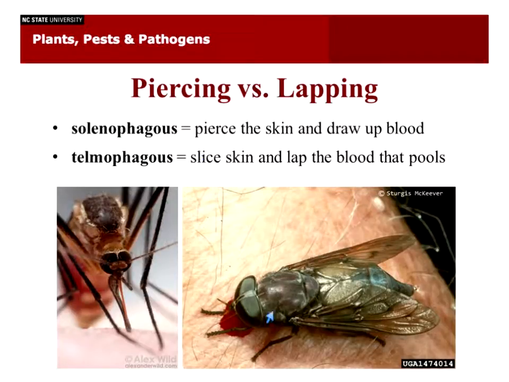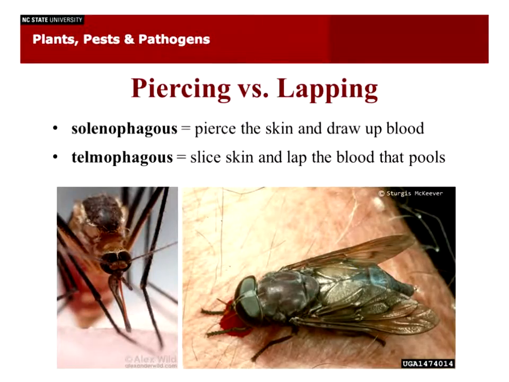Now, telmophagous insects actually slice the skin up like they have little scalpels almost, and then they lap up the blood that pools on the surface. Now, this is exemplified here by a very large horsefly feeding on somebody.